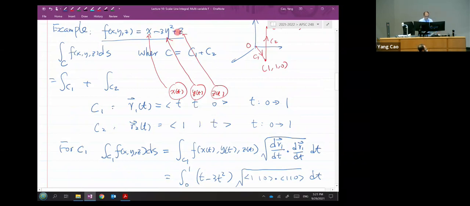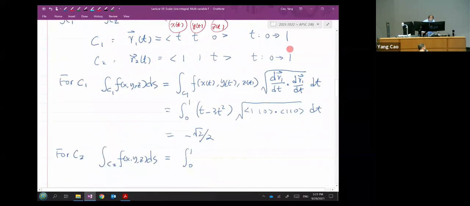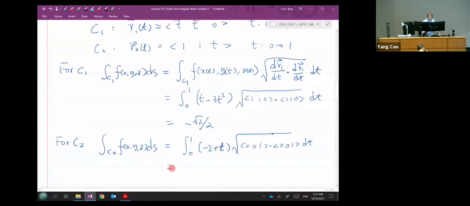So 1 minus 3 plus t, and that's negative 2 plus t. So we get negative 2 plus t here. And the derivative is 0, 0, 1, dot 0, 0, 1. And then you get negative 3 over 2.